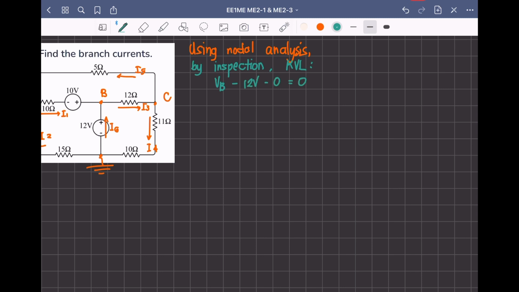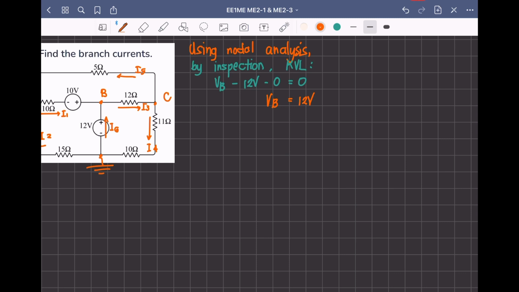And that leads us to an answer for VB, which is already 12 volts. So, with a branch that has a voltage source lamang, it's easy for us to use nodal analysis if it is connected to the ground or to the reference node, because by inspection, may value na agad na tayo doon sa node voltage ng kabilang side.